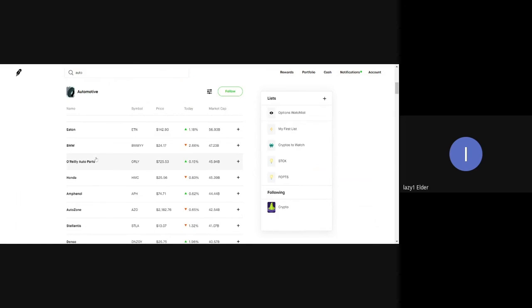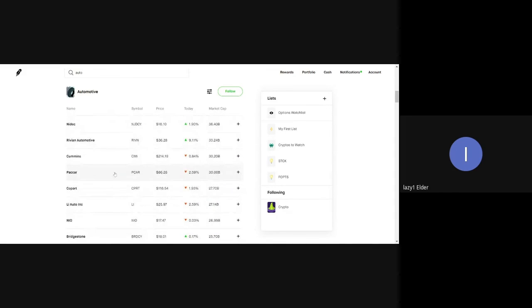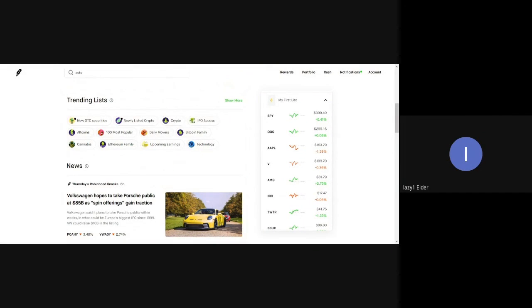Even though it's not a car manufacturer, they have tools primarily based around automotive, oil, ratchet tools, light bulbs, parts for your cars. Anything that has to do with the car is in automotive. AutoZone, same thing. Bridgestone, plenty of others.